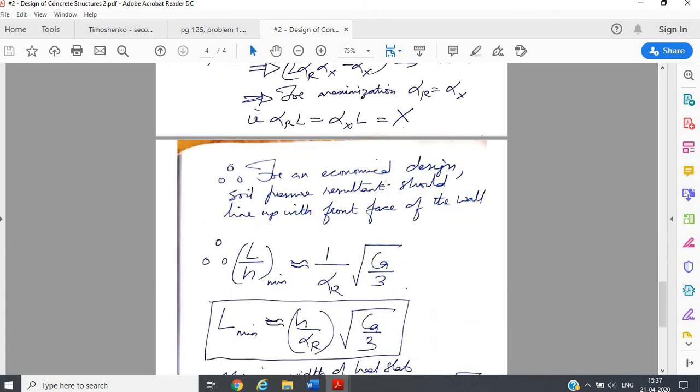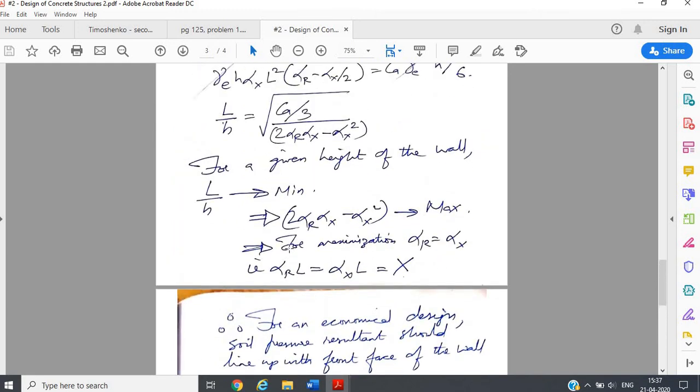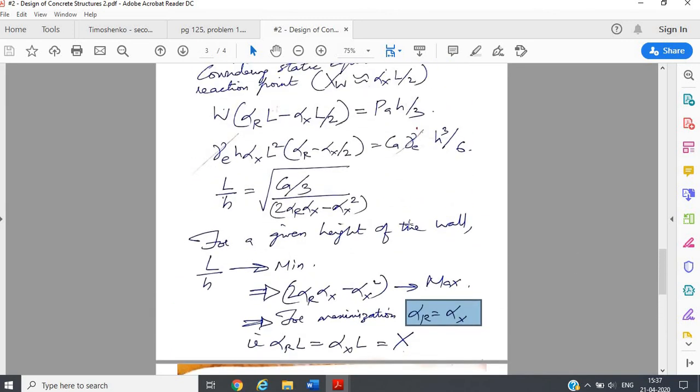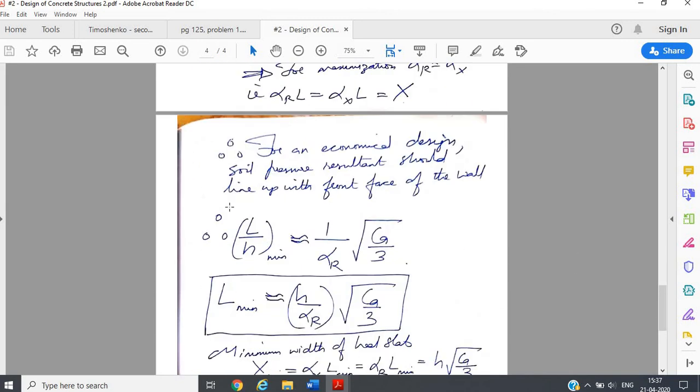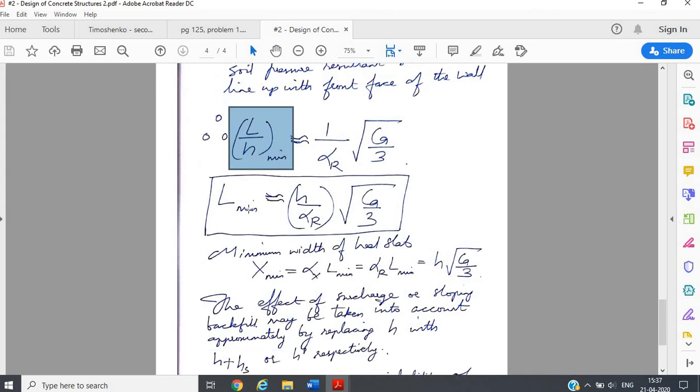So this is the condition. Of course it is approximate because some approximations were used. Based on this condition alpha R equal to alpha x, you can substitute it back into this expression and we'll get the expression for L by H minimum as 1 by alpha R root of CA by 3.